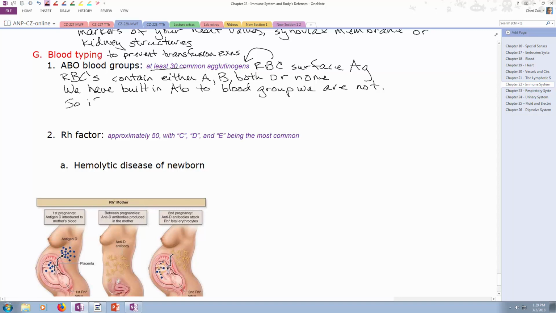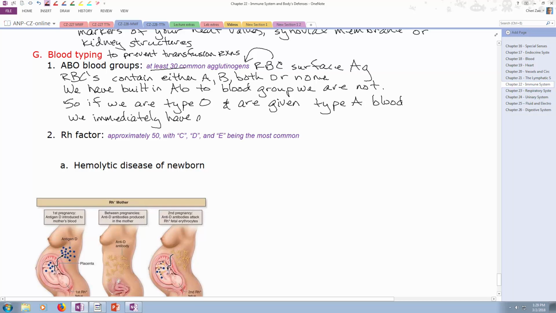So if we are type O and are given type A blood, we immediately have a transfusion reaction.